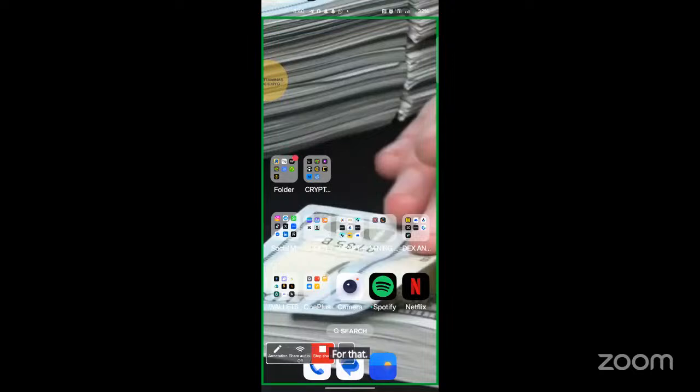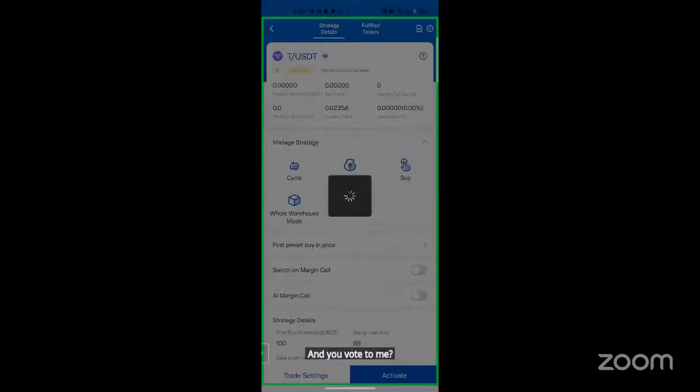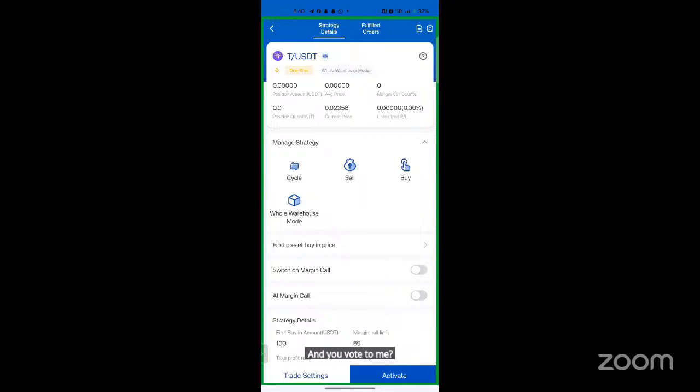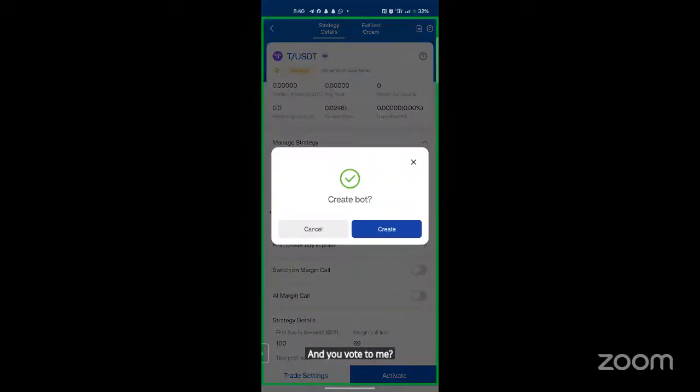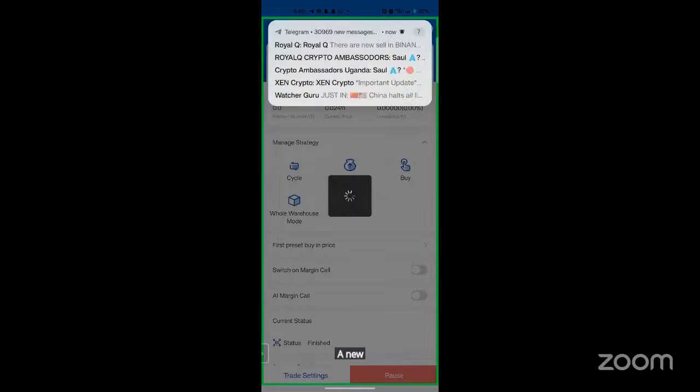When I stabilize data, yeah. Can you vote me? Can you? You want to be abused.